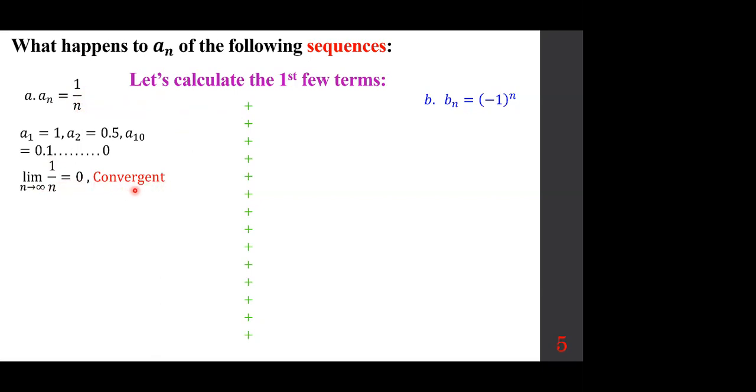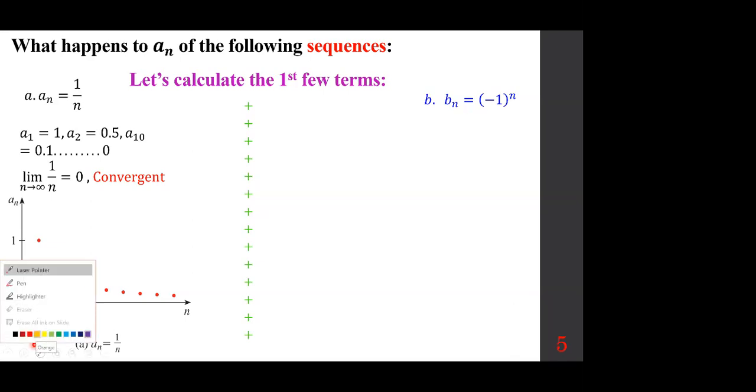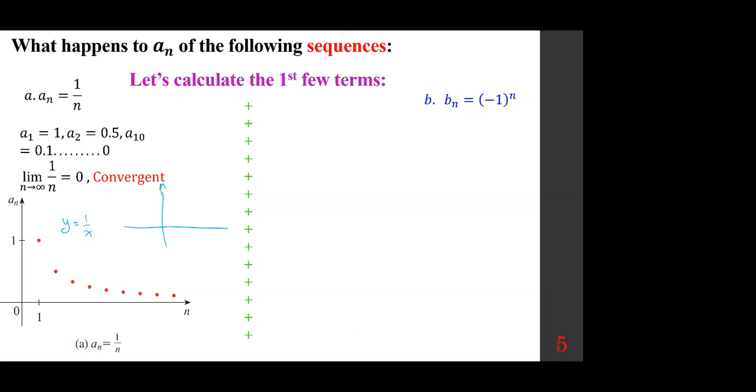Why is it convergent? Because we can pinpoint a number, everybody. If we were to graph it, it'll look something like that. And I hope you remember from, again, algebra, that if you were graphing a rational function, y equals 1 over x, it looked something like this.